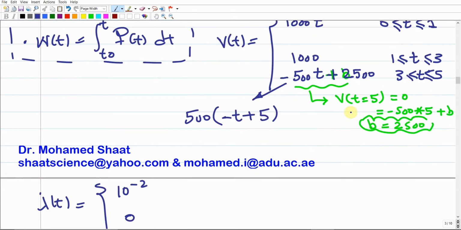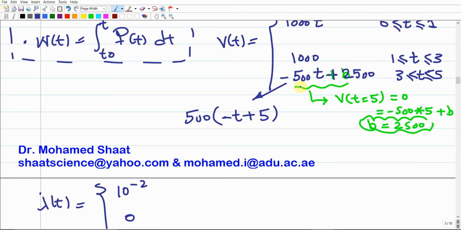The third value, if we do the derivative with respect to the time, I can consider the 500, as we mentioned, a common factor. So this is going to give us negative t plus 5. The time derivative of this value, from here, will be 0 this time.